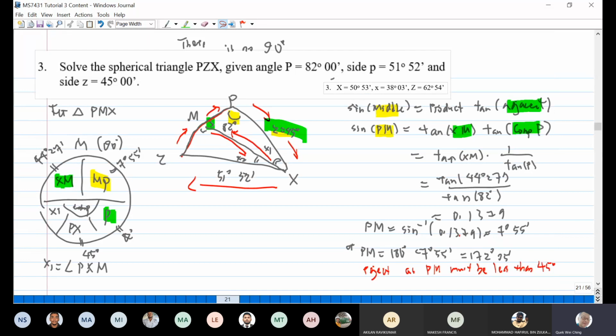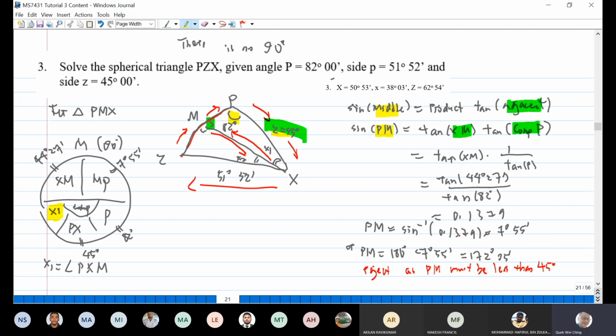Let me erase all these things. The coloring is different now because I solved the coloring already. So for MP, I don't need yellow anymore. And for P, I don't need color now. The only thing I need yellow for is this one.